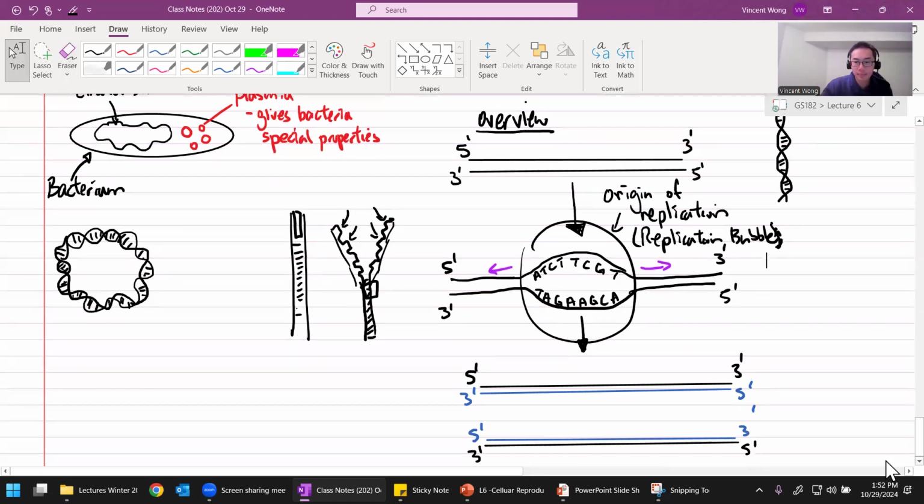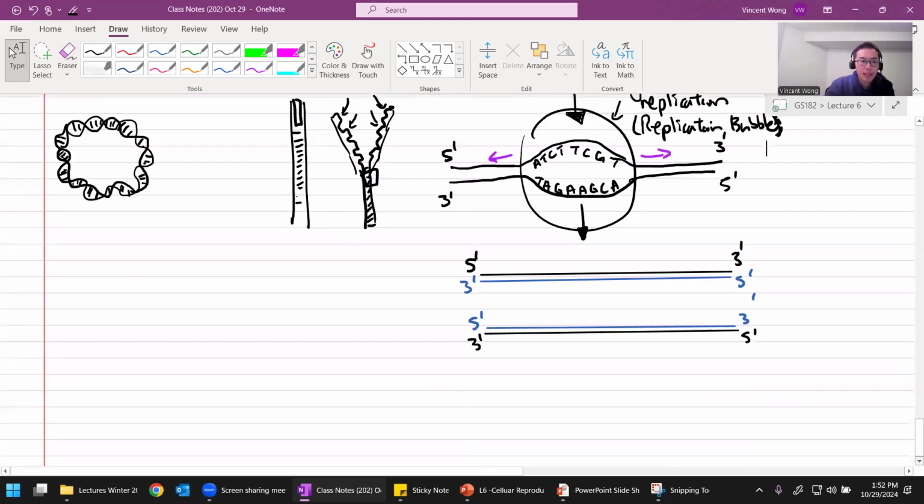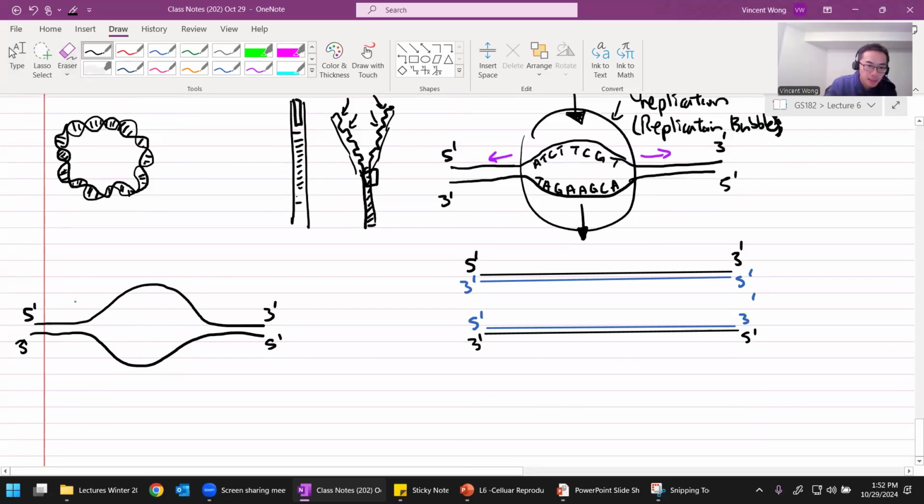So what we're going to do now is look at the replication bubble in more detail. Okay, so I'm going to put the 5 and the 3 here, 3 and the 5. The whole thing is the replication bubble, origin of replication. But this here, one side of the bubble, that's called the replication fork. Sorry for all these terms.